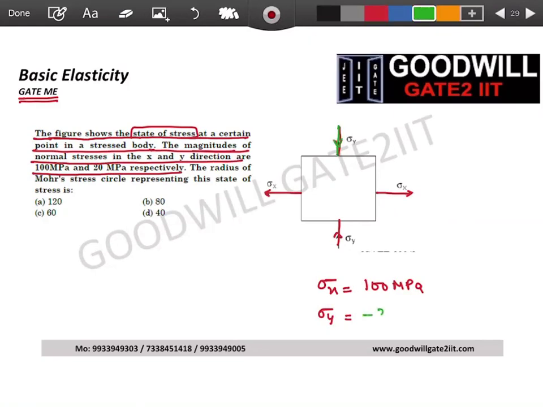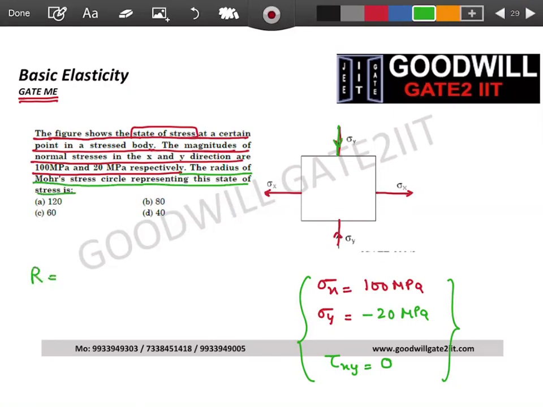So this is minus 20 MPa. And you see there is no shear stress absolutely. So they have given tau xy to be 0. So they have given me the data and they are asking what is the radius of this Mohr circle representing the state of stress. So everyone knows what is radius of Mohr circle formula.